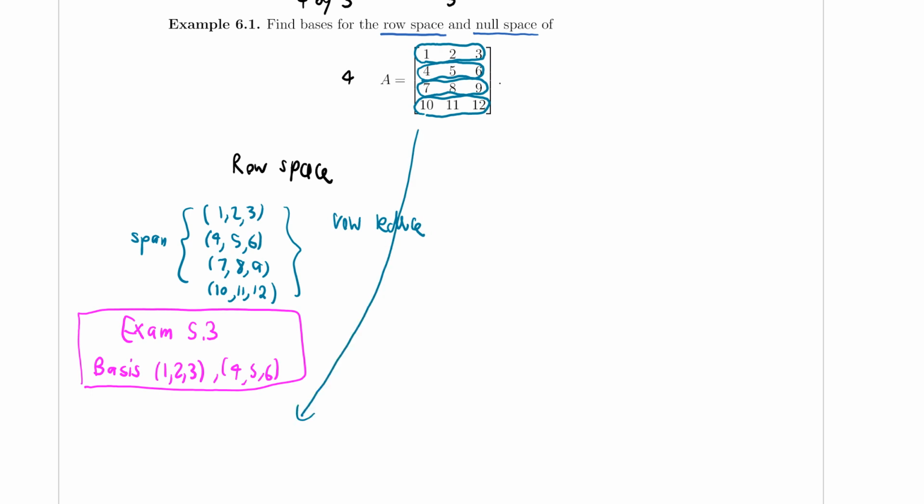If you think about it, the operations that we do when we row reduce a matrix, be it exchanging the order of the rows, multiplying by a scalar, or adding a multiple of a row to another, these three operations have no effect on the linear independence of the vectors, and they don't affect the basis of a vector space.